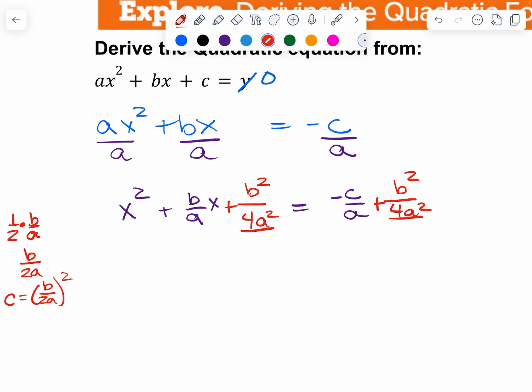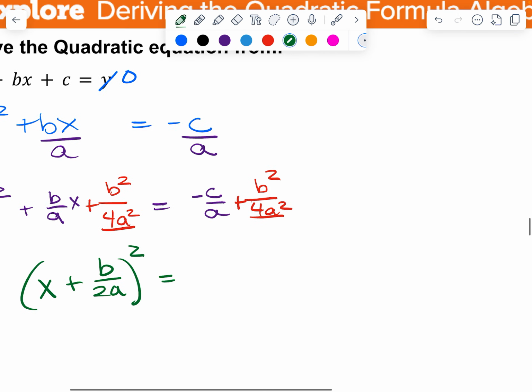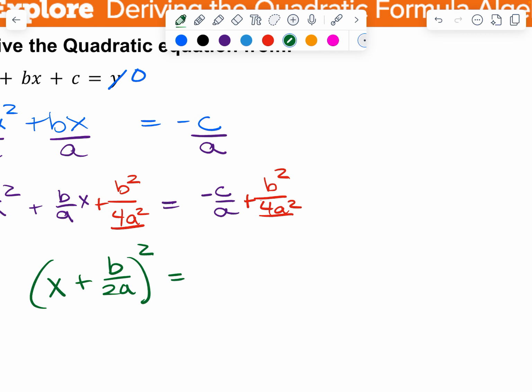So on the left-hand side, that's going to get me x plus b over 2a all squared equals, I need a common denominator. So that means I'm going to multiply this over here by 4a on top and bottom. So I'm going to get 4ac, but that's negative, over 4a squared plus b squared over 4a.